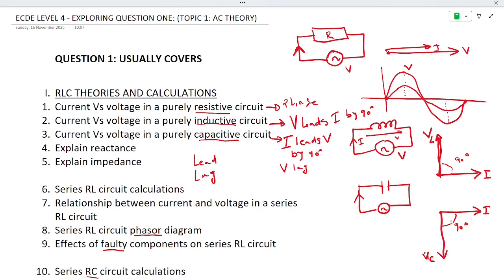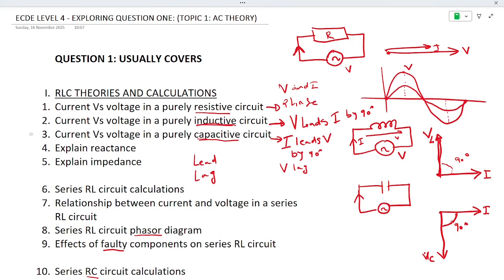So that is out of phase, because you can say here the resistor is in phase with the current. Voltage and current are in phase. Here in the inductor, the voltage is out of phase, with the voltage leading.